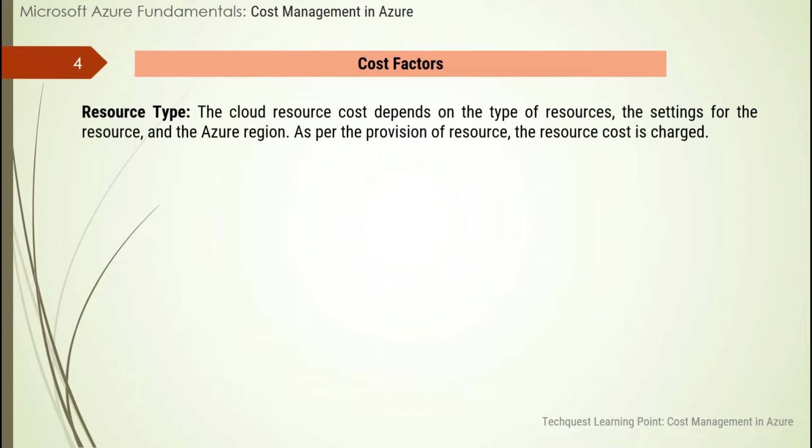With a storage account, we specify a type such as a blob, a performance tier, an access tier, redundancy settings, and a region. Creating the same storage account in different regions may show different costs, and changing any of the settings may also impact the price.